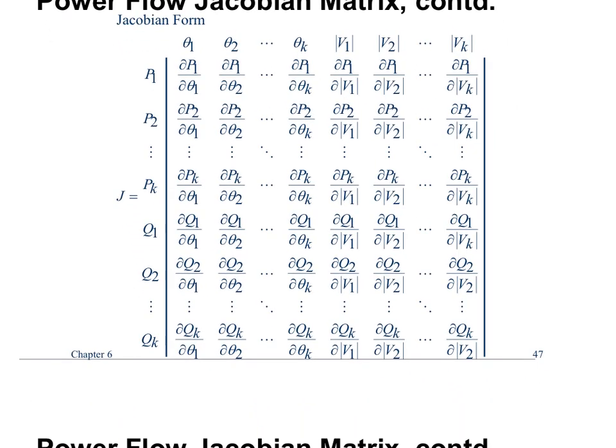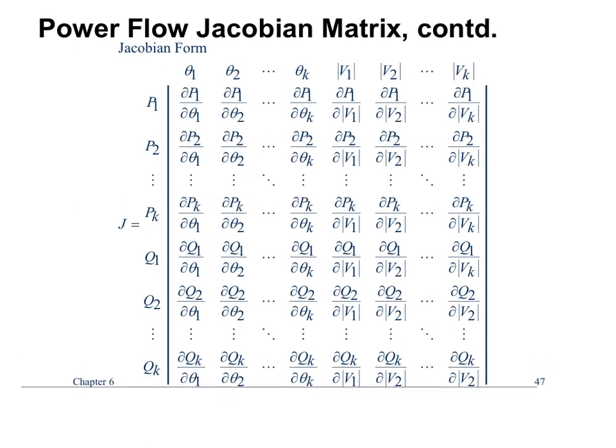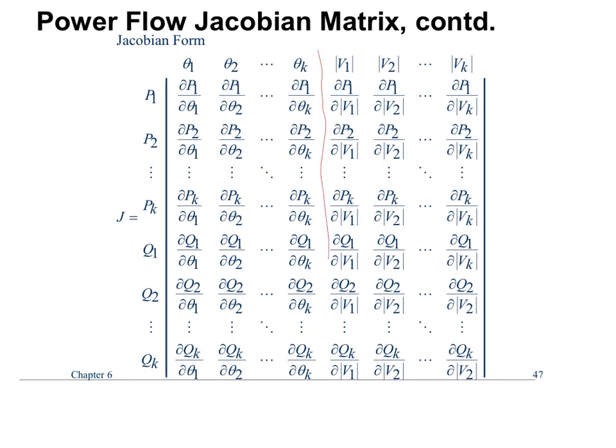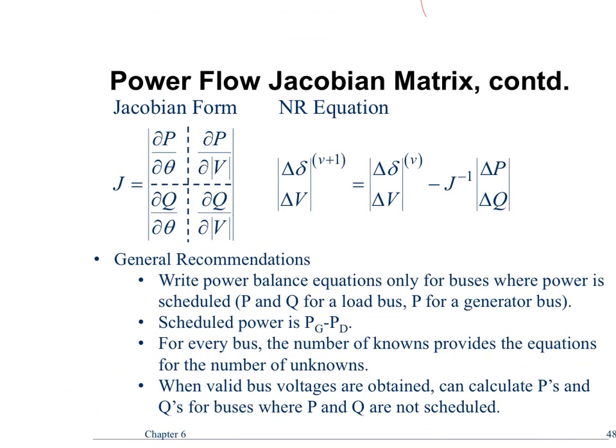I did that here to provide clarity. So P1, P2, on and on, Q1 and QK. This is not necessarily the bus, this is just the power balance equations you're writing. Same thing for the thetas. Those are the state variables you're solving for. The reason you do that is because you will partition the matrix like that. You'll partition it because it's called sensitivity analysis.